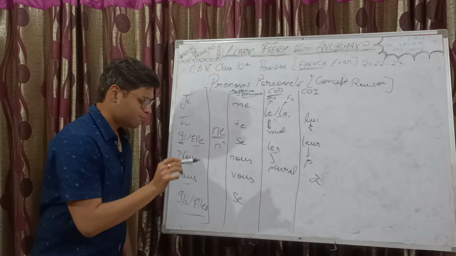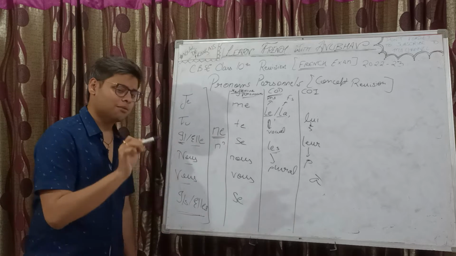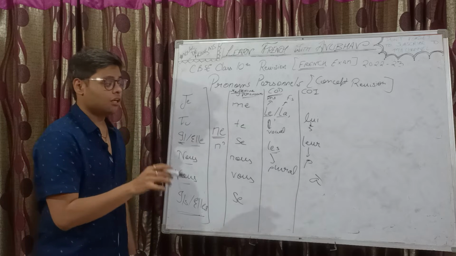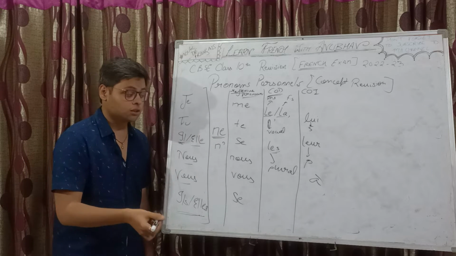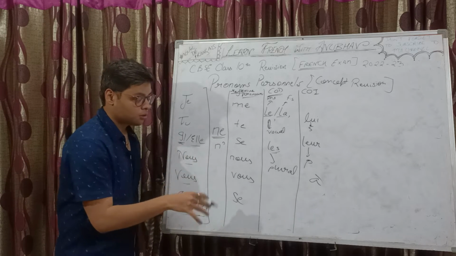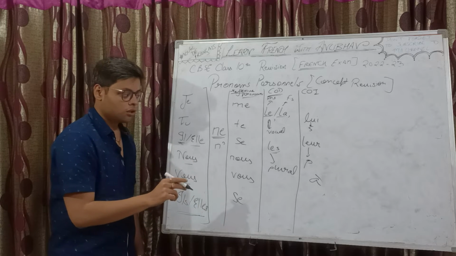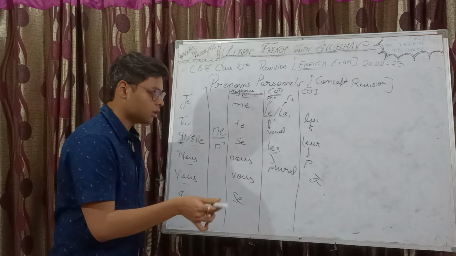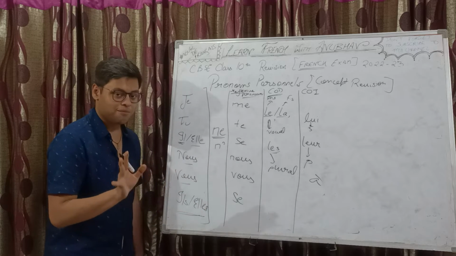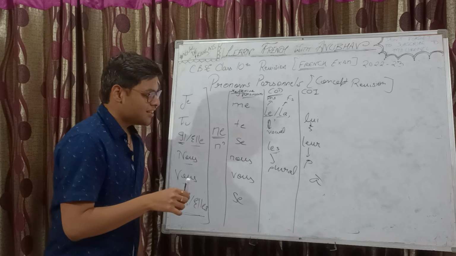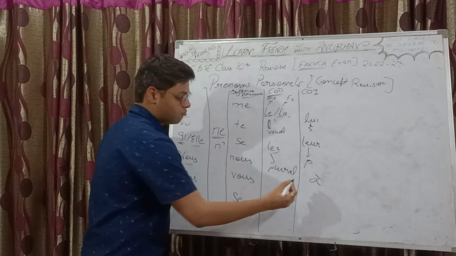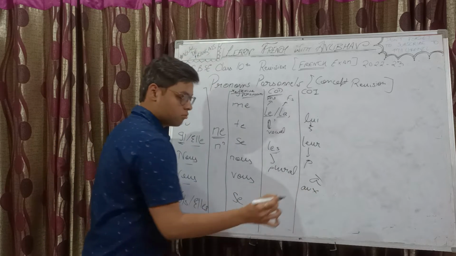But to make things easy, you can memorize it this way: we are going to use COI in most cases when there's a person or a group of persons preceded by the preposition à. It could be au as well in some cases, like aux étudiants.